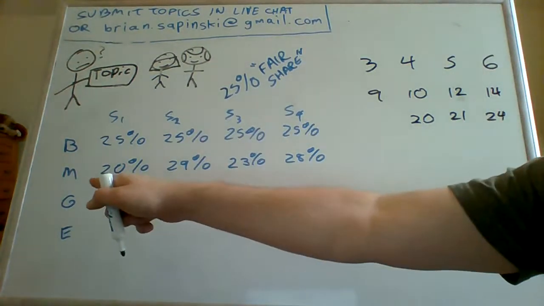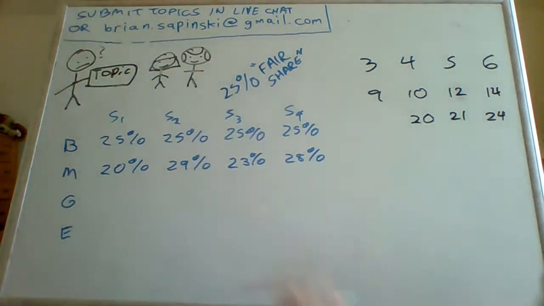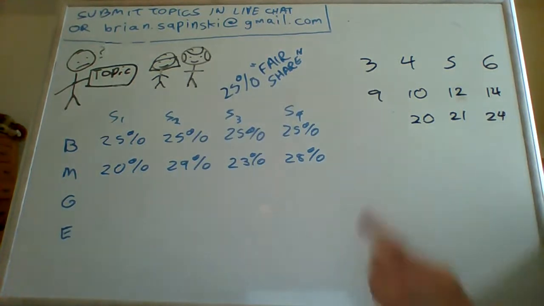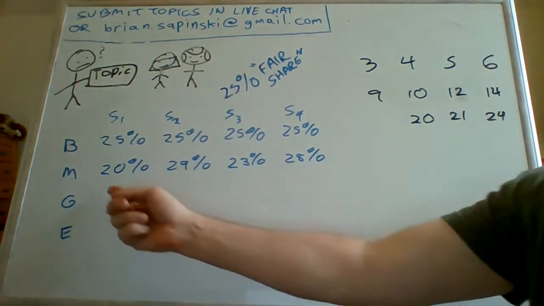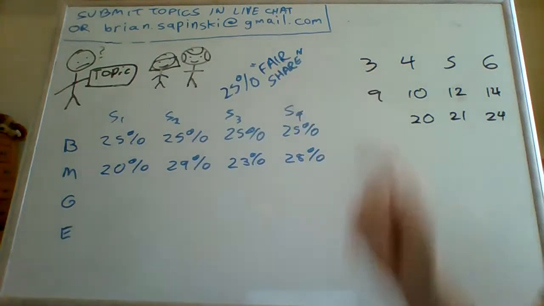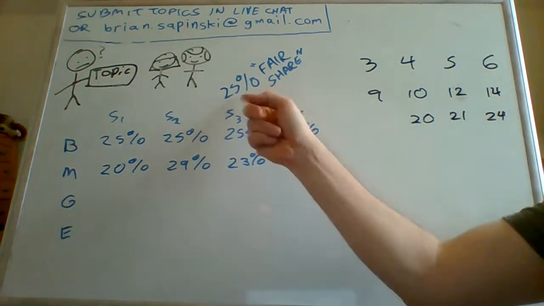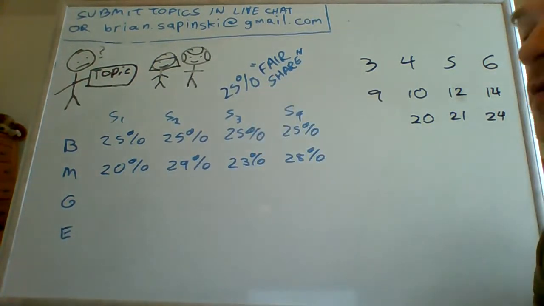So let's say these are her opinions about the four shares based on how you cut them. Now, for her, which of these shares would she consider to be fair? Because you need at least 25% for it to be a fair share.